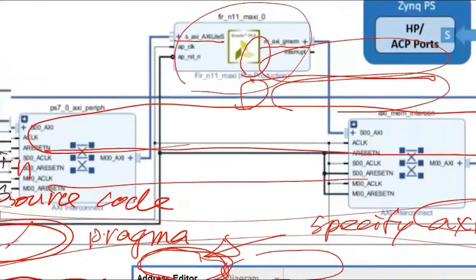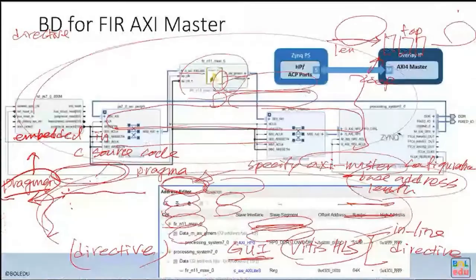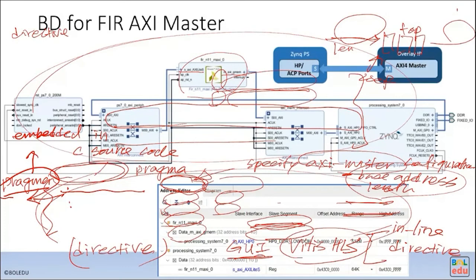Again, in order to connect to the PS side, this is the PS side, we use two interconnects. This interconnect provides the AXI lite, and this one is for the AXI master transfer.